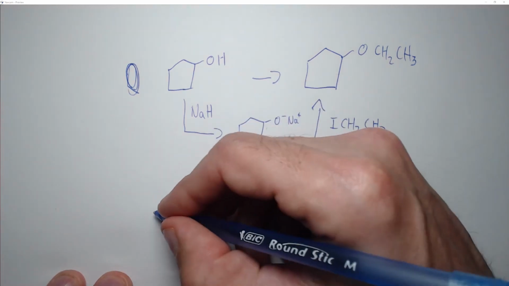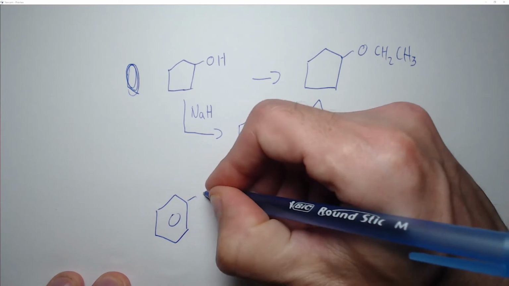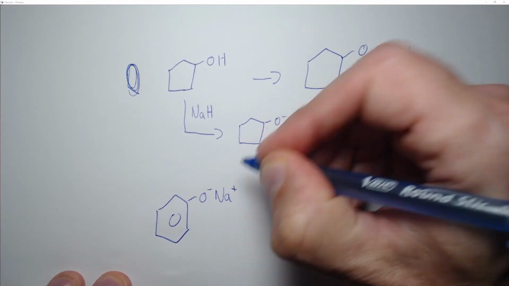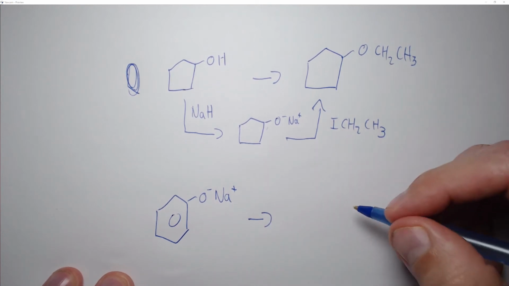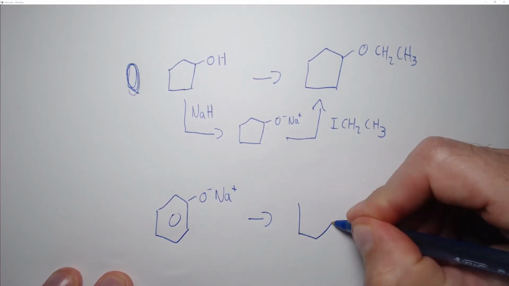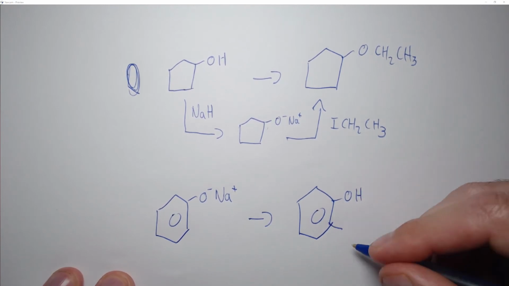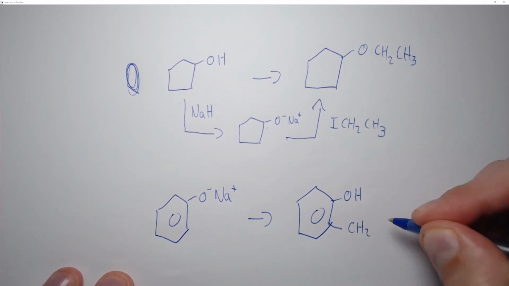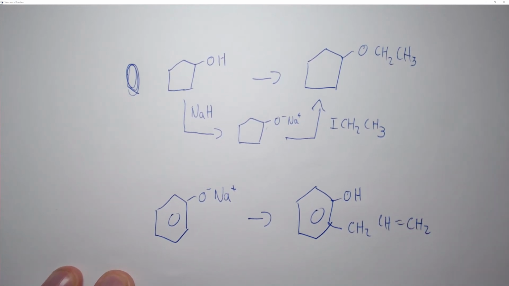Let's say that we have this molecule, okay, and at the end of the day, we want an OH and a CH2, CH, double bond CH2.